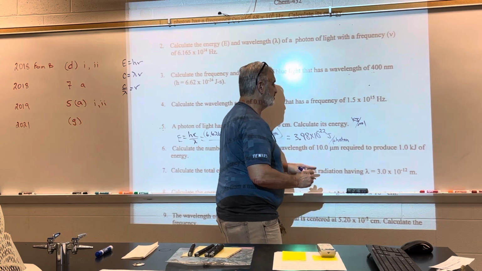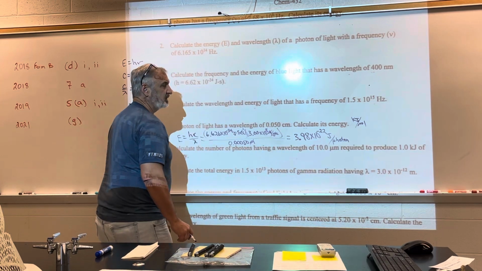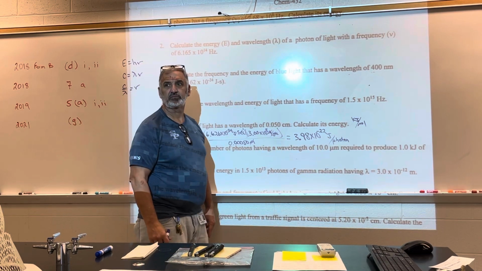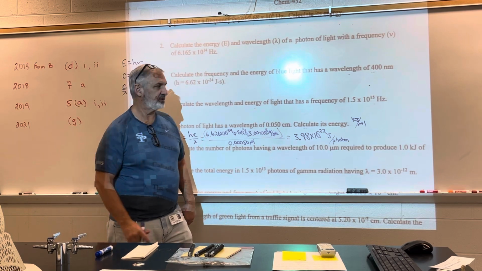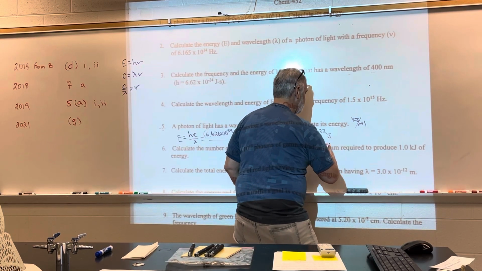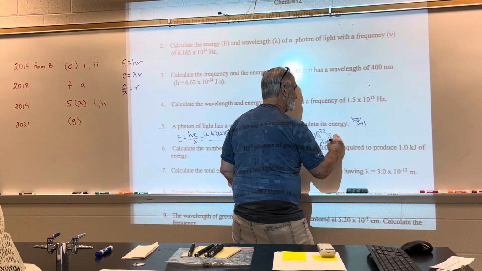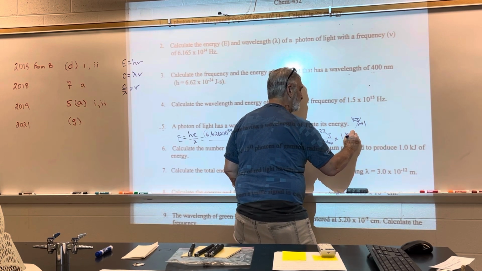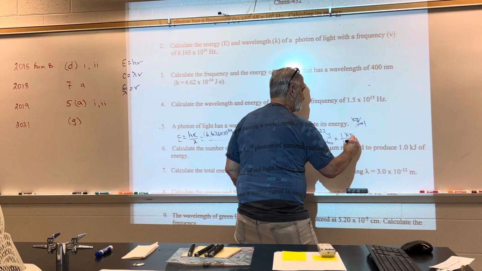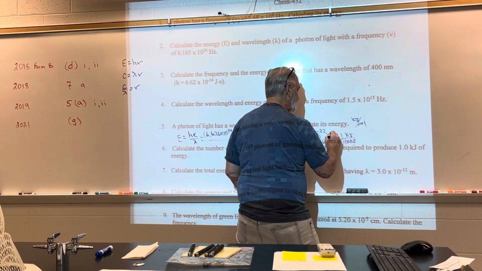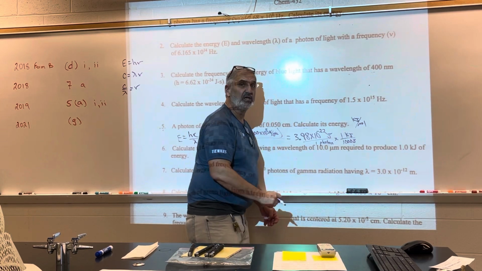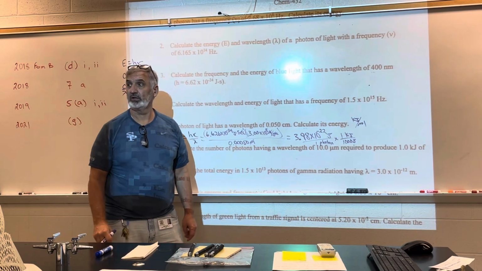Well, how do I change joules to kilojoules? It's 1,000. So I'm going to say, and let's just write it this way, per one photon, times 1 kilojoule over 1,000 joules. So that's kilojoules per photon. But how many photons are in a mole?